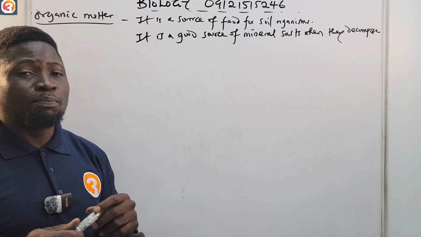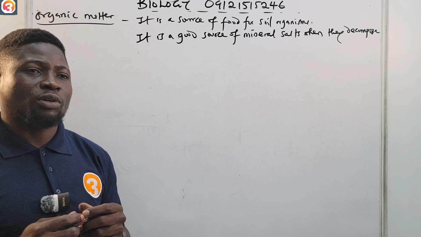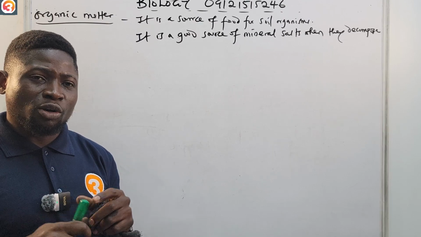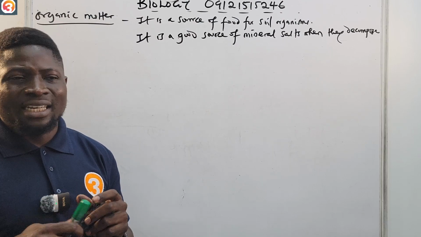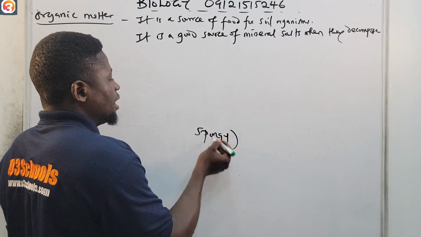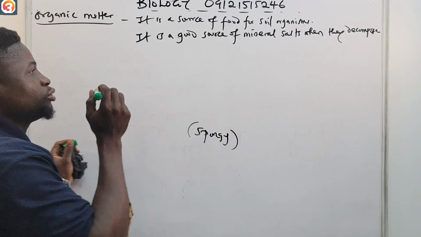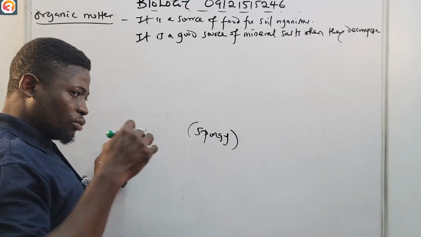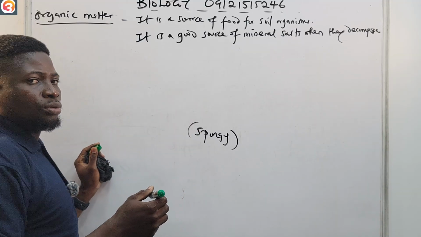Organic matter also is spongy, so it allows water to percolate or drain through the soil. It is spongy and therefore allows water to percolate, to go through it, and drain through the soil.